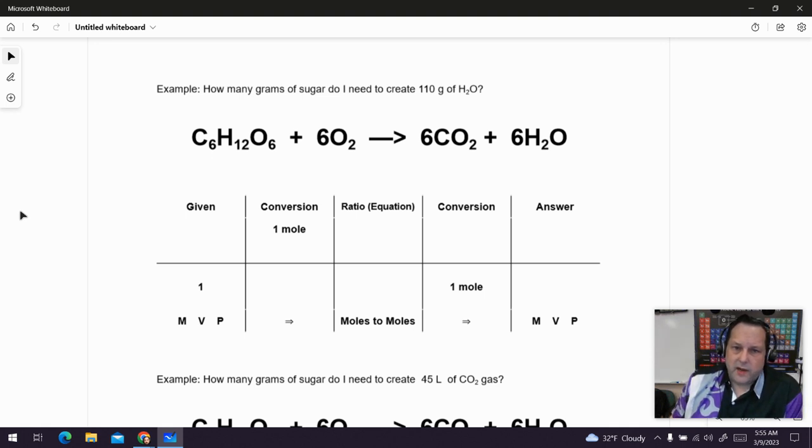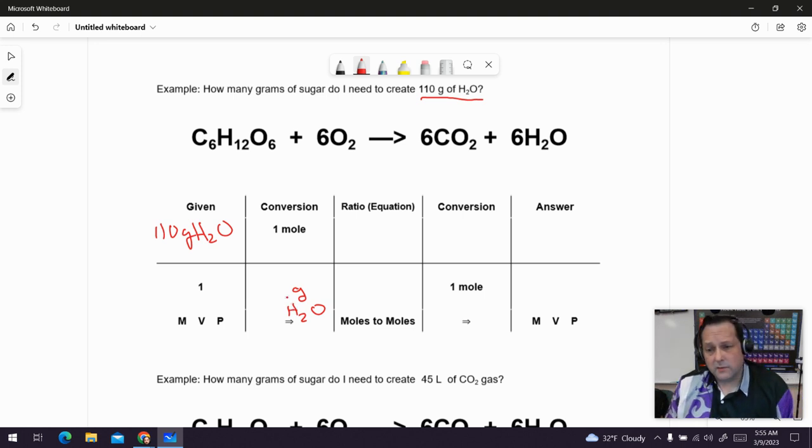How many grams of sugar do I need to create 110 grams of water? So my given is 110 grams of water, right? 110 grams of H2O. What am I going to have on the bottom? Grams of H2O. What is the molar mass of H2O?